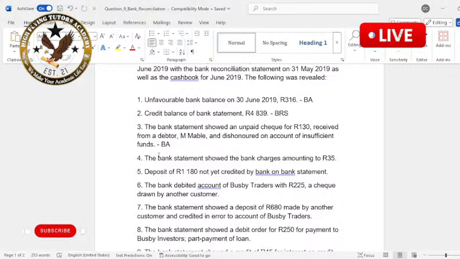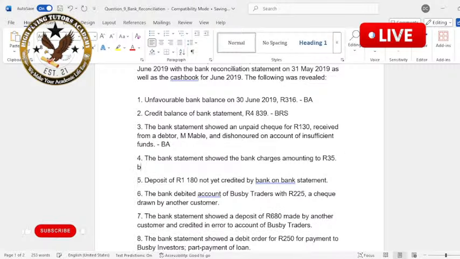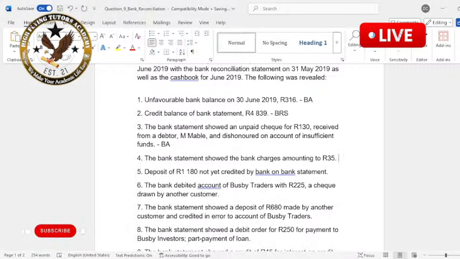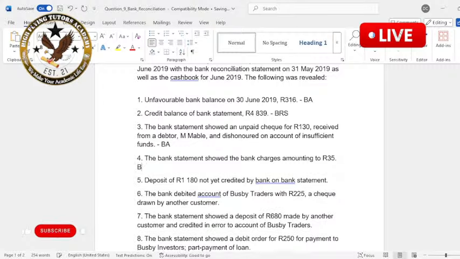So in that case, we have to take this into the bank account. I mean to say, we need to take this in the bank account because it appears in the bank statement. Anything that does not appear in the bank statement will go to the BRS, right?